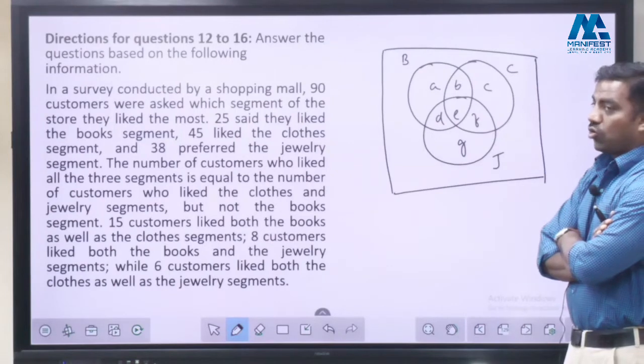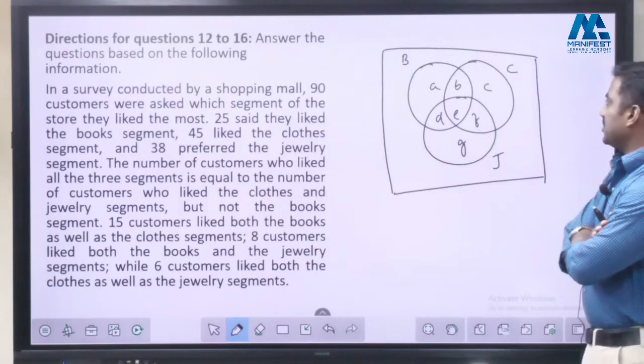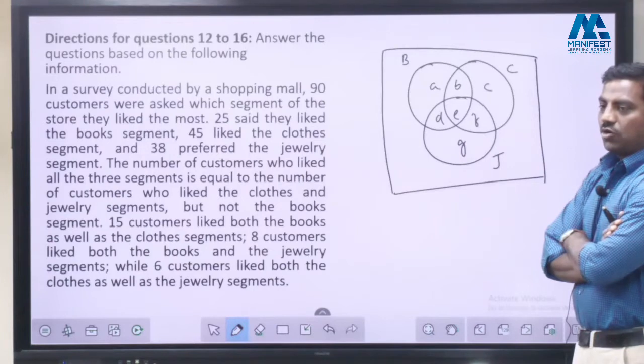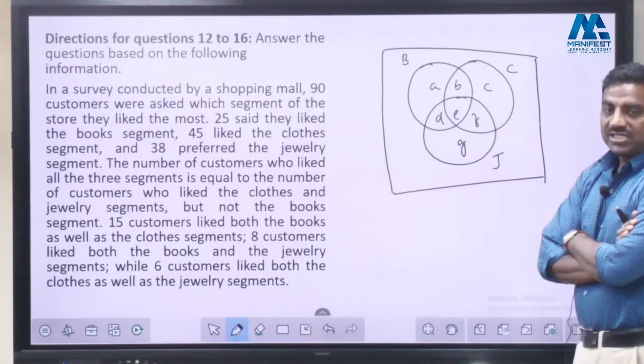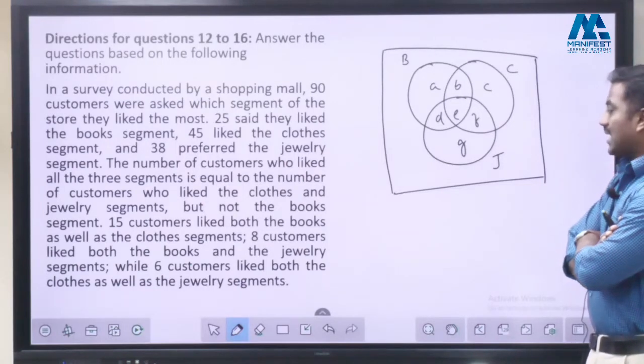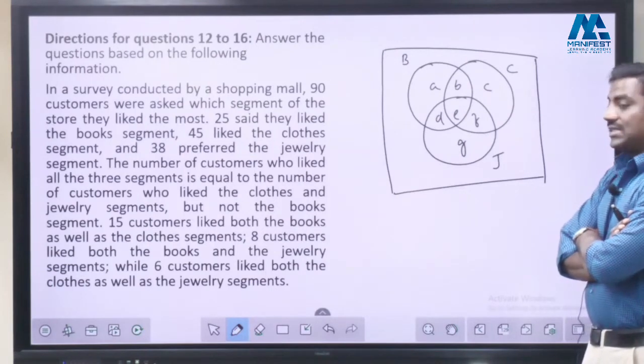Now, 8 customers liked both books and jewelry segments. You should not go wrong on this. Which variables am I talking about? D and E, not just D, D and E. So total is 8. 6 customers liked both clothes as well as jewelry segments.